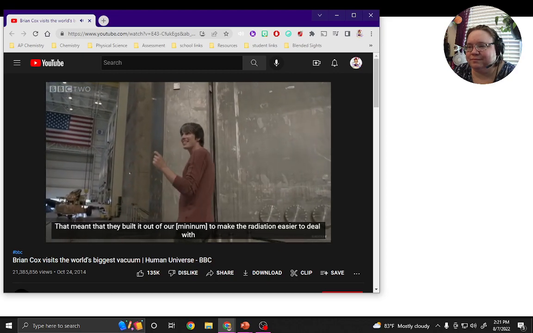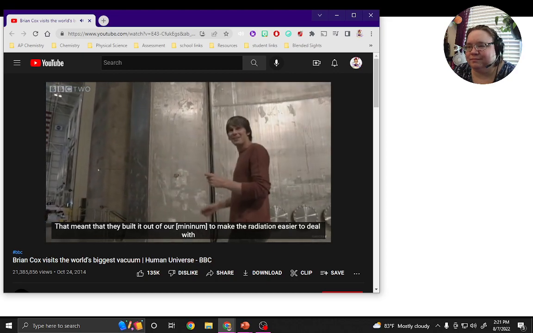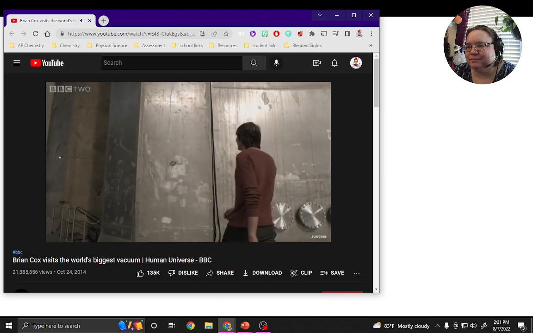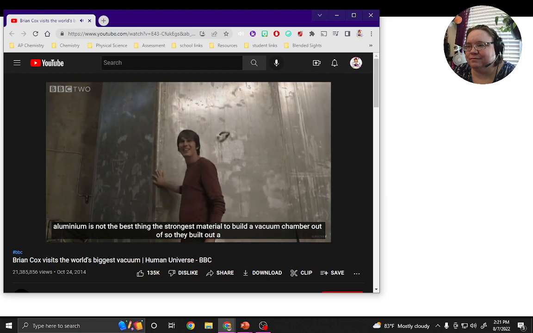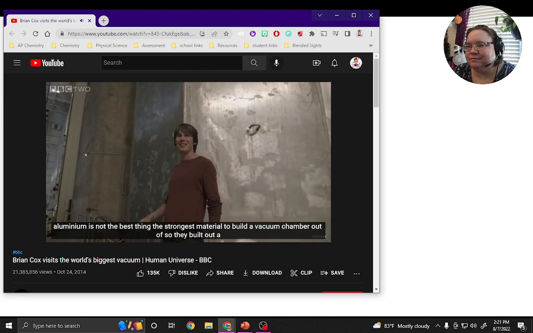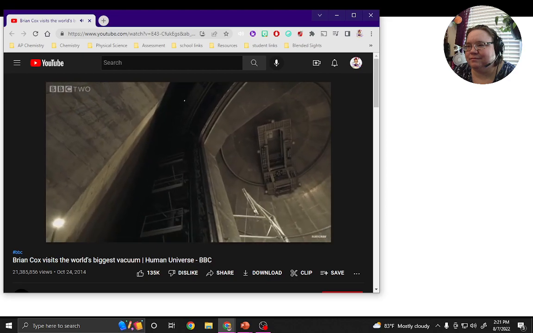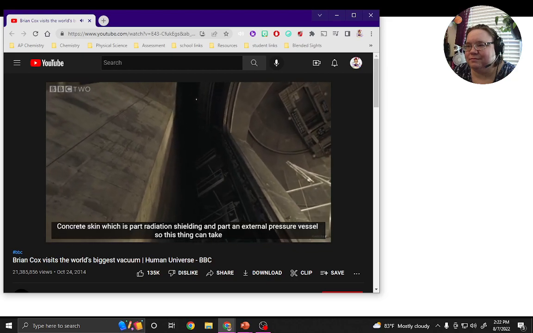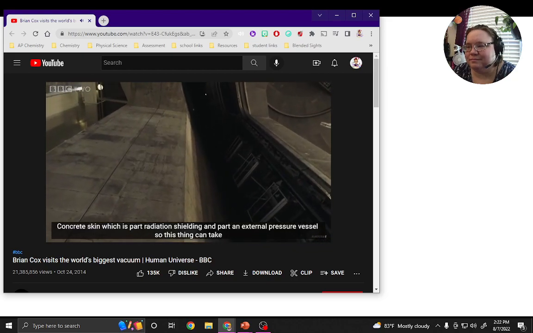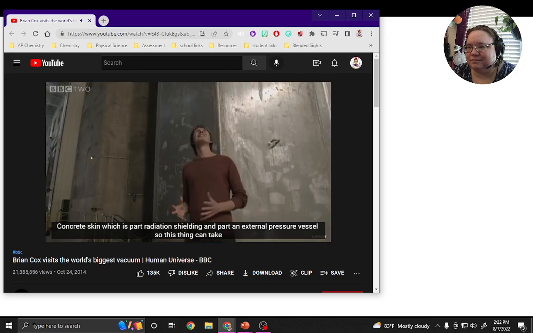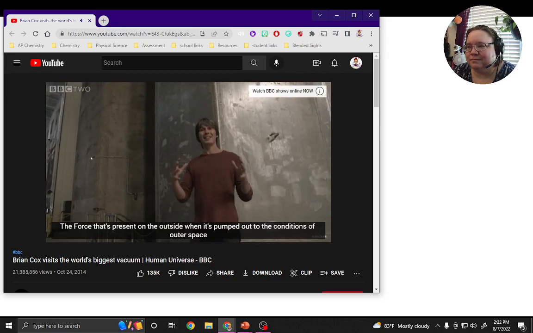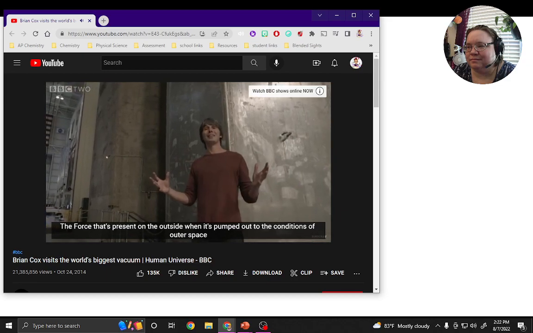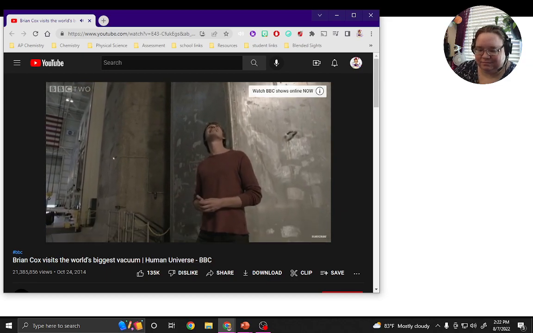And that meant that they built it out of aluminium to make the radiation easier to deal with. Aluminium is not the best thing, the strongest material to build a vacuum chamber out of. So they built an outer concrete skin, which is part radiation shielding and part an external pressure vessel, so that this thing can take the force that's present on the outside when it's pumped out to the conditions of outer space.